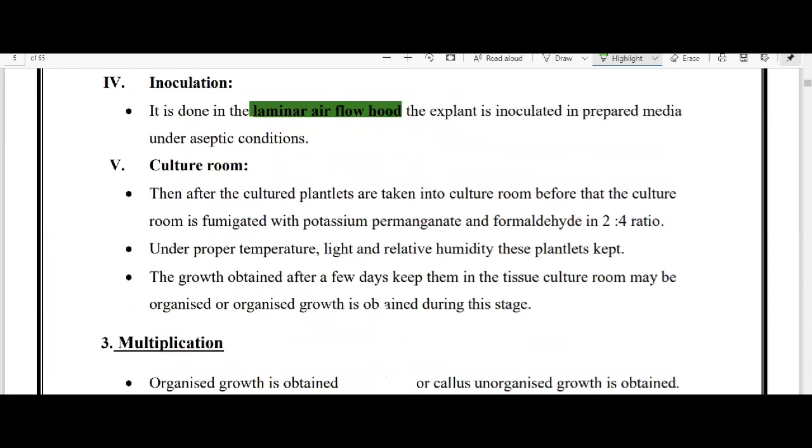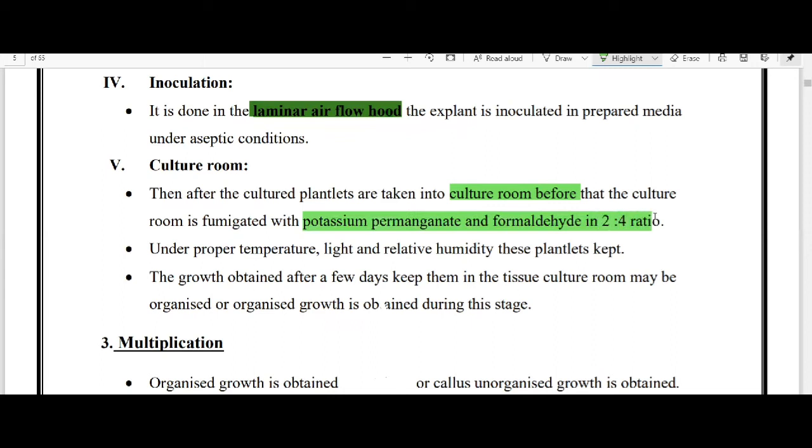Now we have to transfer this inoculum into a culture room. Then the cultured plantlets are taken into the culture room. Before that, the culture room is fumigated with potassium permanganate and formaldehyde in 2:4 ratio.